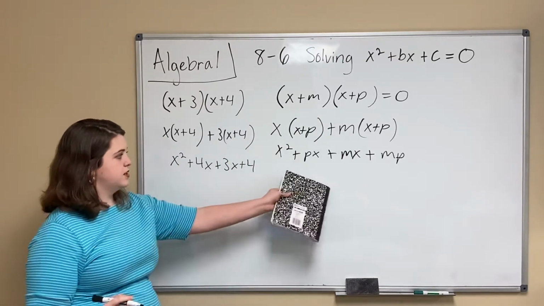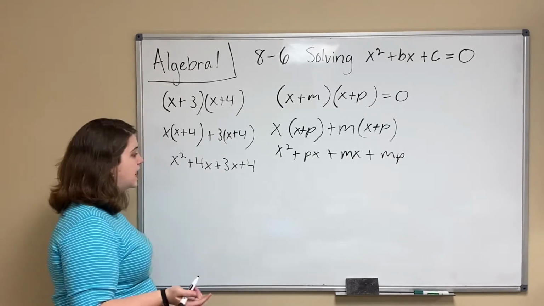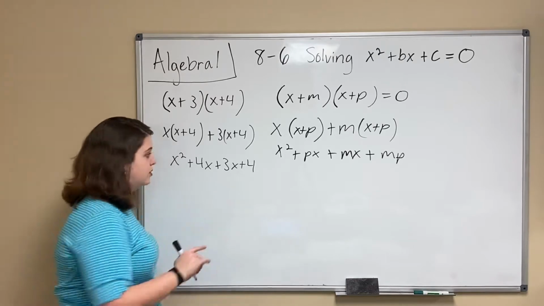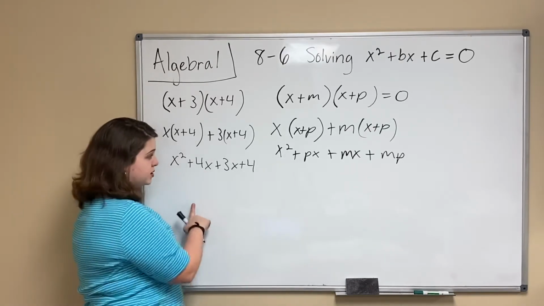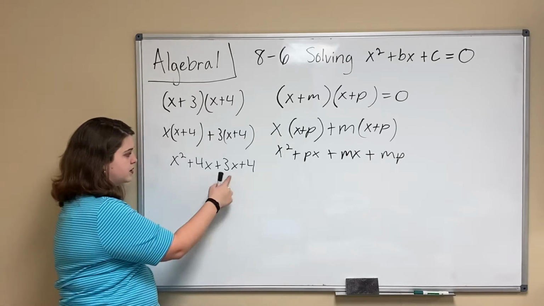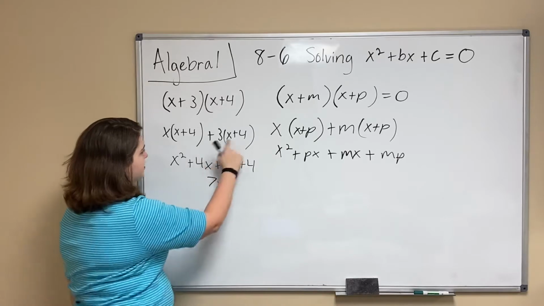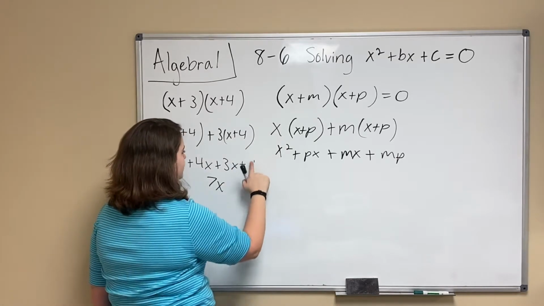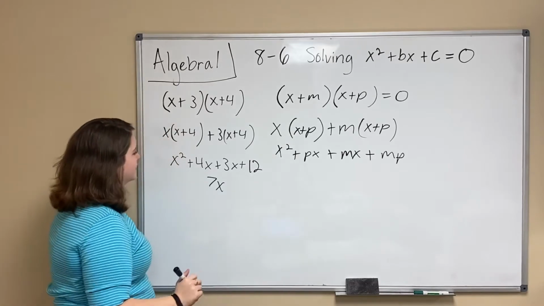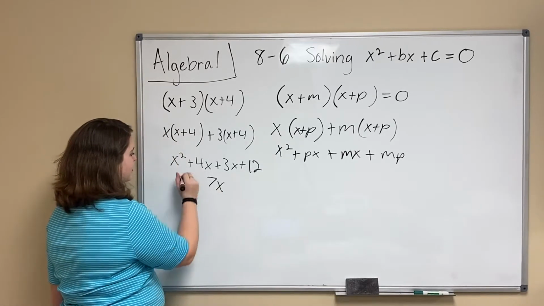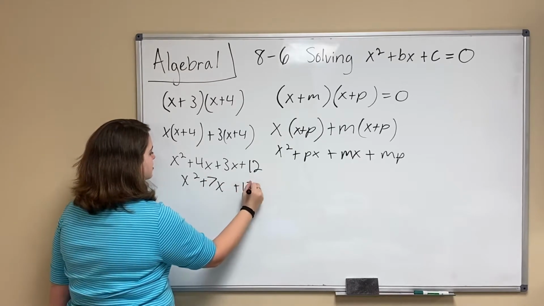Both of these equations aren't finished because they have like terms with the same variable at the same exponent level. So 4x plus 3x is 7x, and 3 times 4 is 12. I combined these to be 7x, and I got x squared plus 7x plus 12 left over.